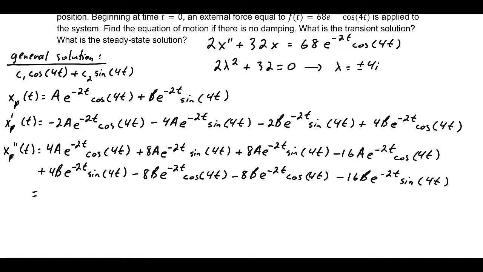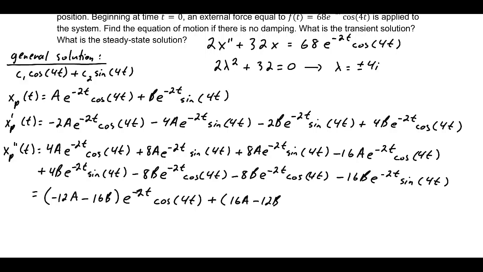So, I'm going to go ahead and rewrite the second derivative of x sub p as (-12a - 16b) e^(-2t) cos(4t) + (16a - 12b) e^(-2t) sin(4t).